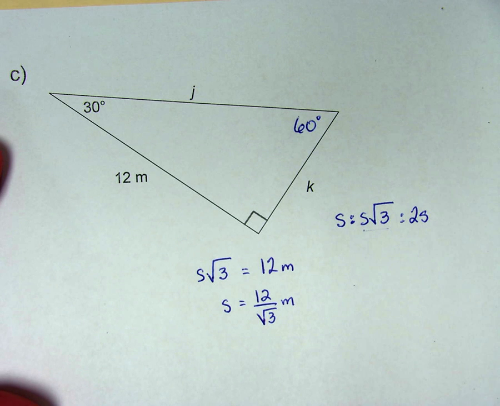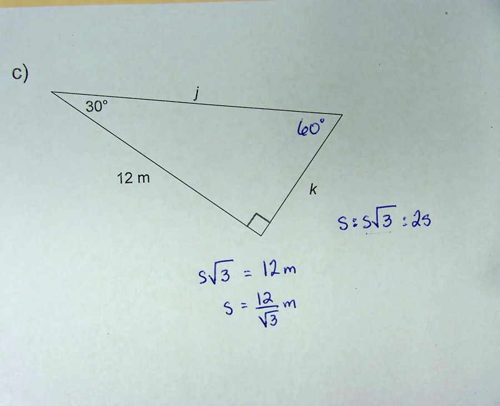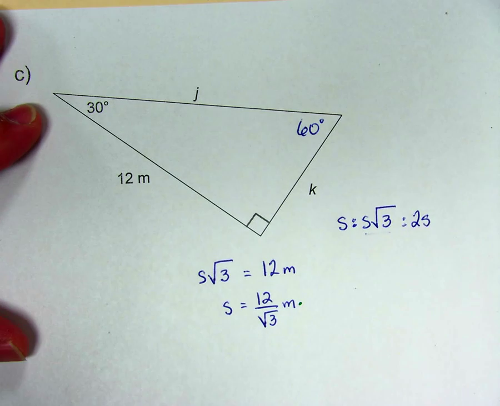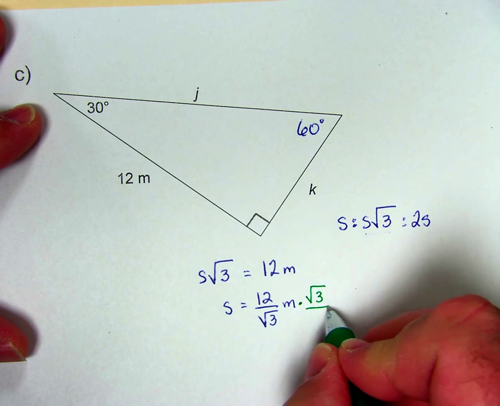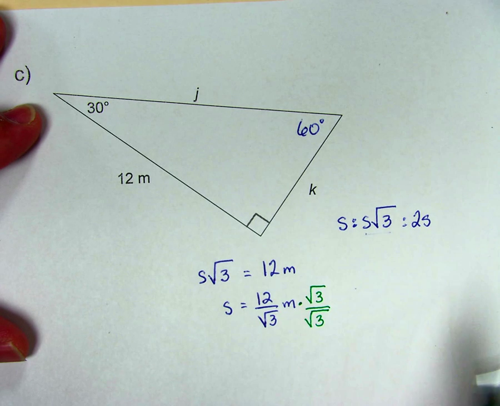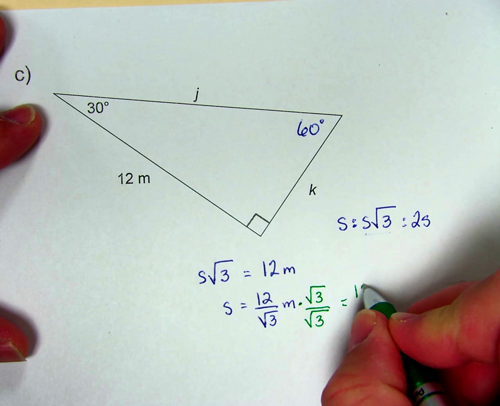Now, if you remember in the 45-45-90 video, we rationalized the denominator. That means we brought the number out of the square root. We can do that by multiplying the fraction by the same thing in both the numerator and denominator, because that essentially is multiplying by 1. So in the numerator, we're going to have 12 times the square root of 3.